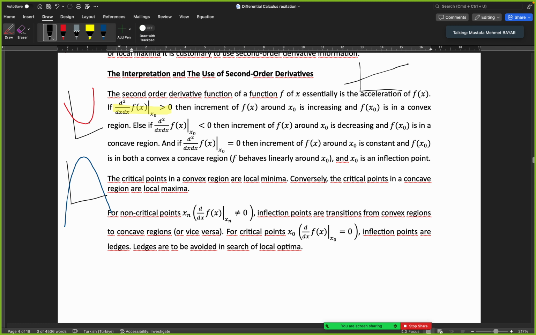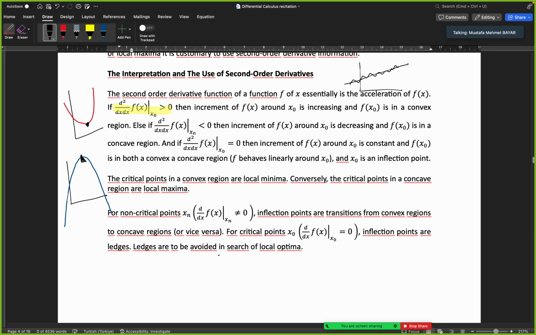This is how you use second order derivative information. Well, this guy is a local minimum, and that guy is a local maximum. And these guys are nothing.